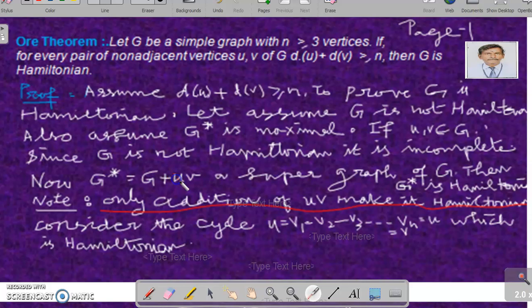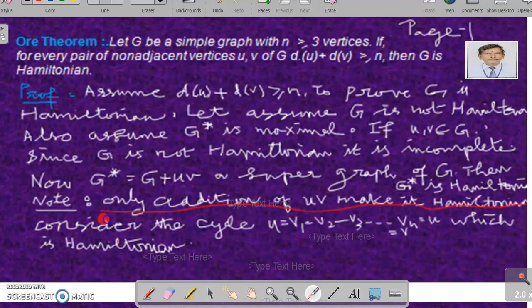Since this is maximal, this must be Hamiltonian. So G star equals G plus uv is a supergraph, and G star must be Hamiltonian by our maximal assumption.